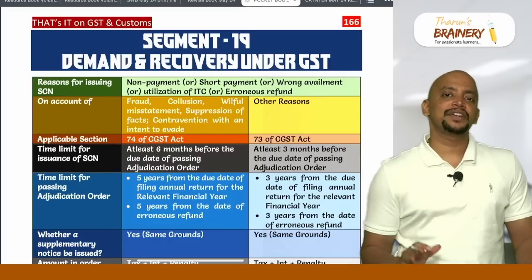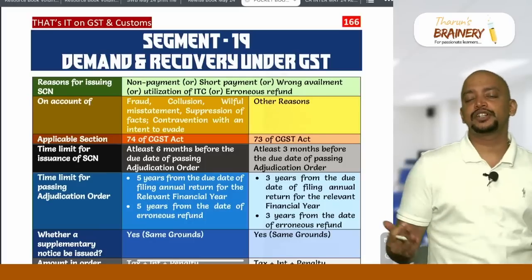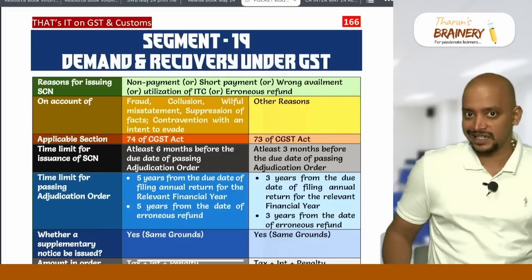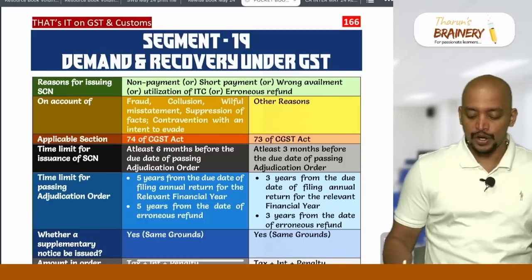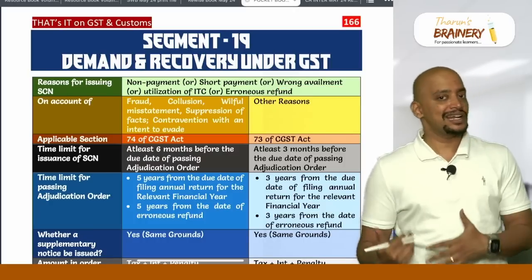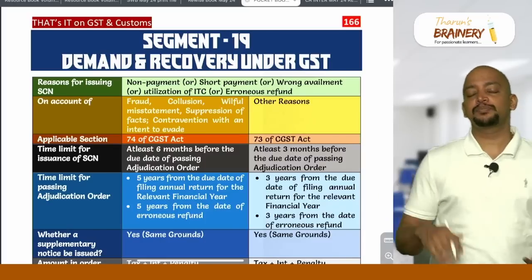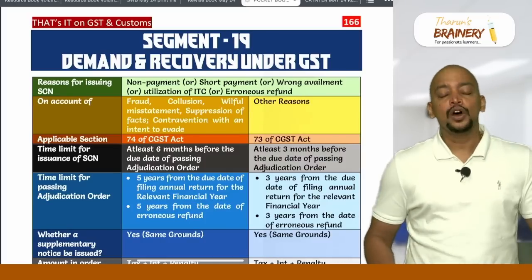Sections 73 and 74, demand and recovery, will be applicable in 5 situations. There is non-payment of GST, that is you have not paid any GST, or short payment of GST, where you have to pay some GST but paid a lesser amount, or wrong availment of ITC. Basically, we have availed the ITC but have not reversed it, and they can make us reverse it. That is the meaning of wrong availment or wrong utilization.